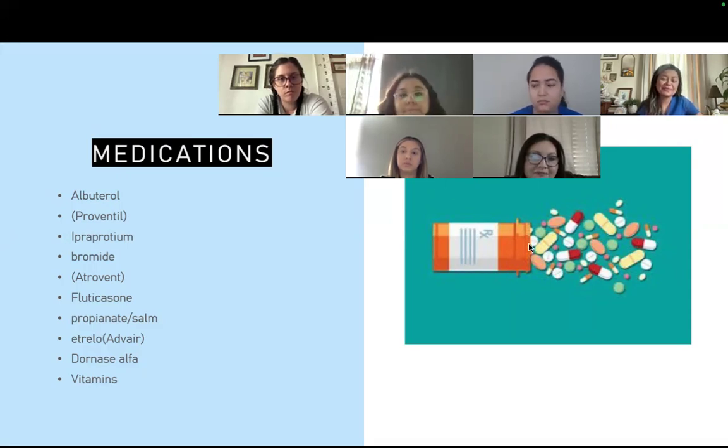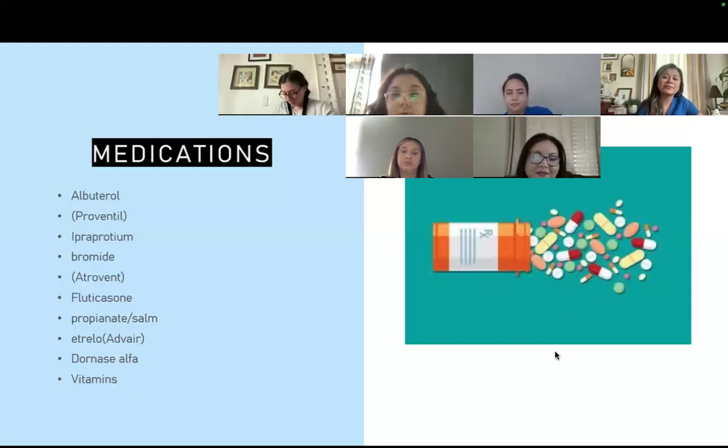And all these are administered to either thin the mucus and make it easier to cough up, or to open up the airways, the bronchioles.